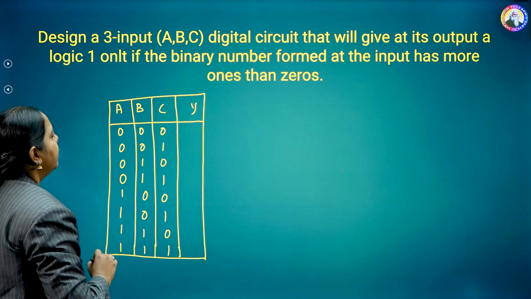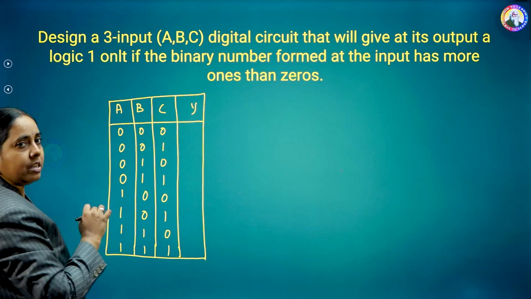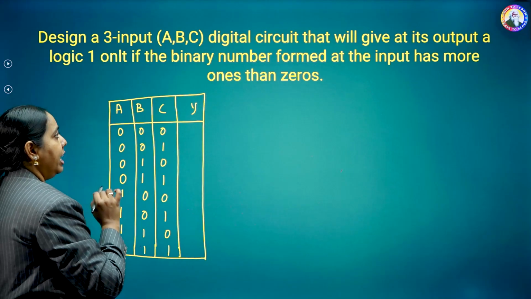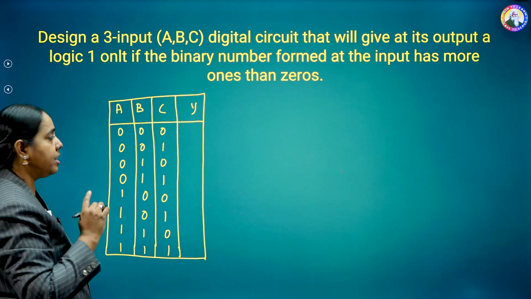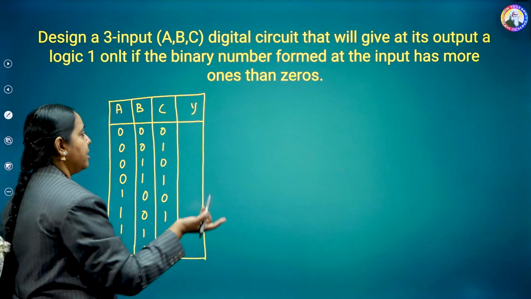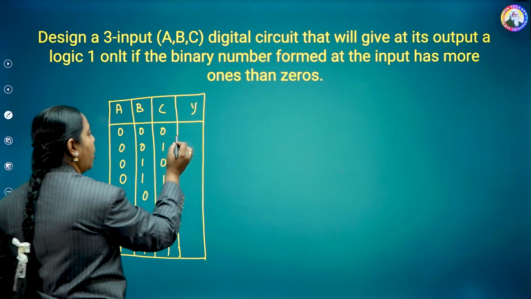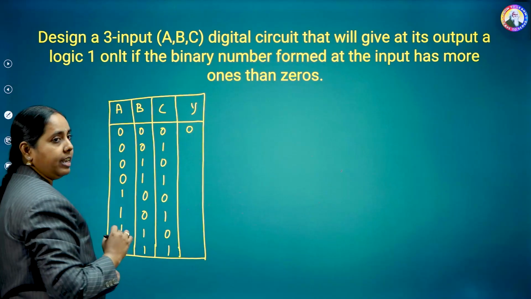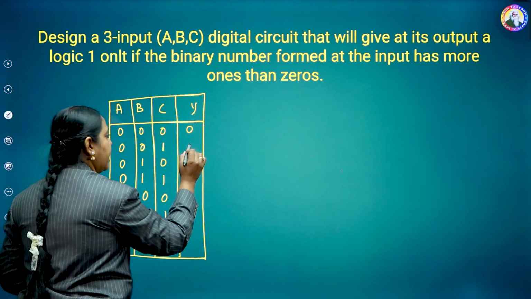Now see here, what is the condition given? The output is 1 only if the input has more ones than zeros. If I observe this one, more zeros are there, that's why the output is 0. Next, zeros are more when compared to ones, that's why the output is again 0.